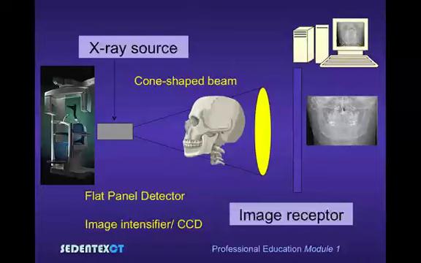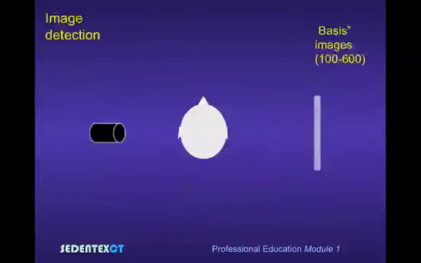When X-rays are produced, this will result, of course, in a simple two-dimensional image of the patient, the extent of which depends on the diameter and divergence of the beam. But this is where cone beam CT starts to differ from conventional radiography.